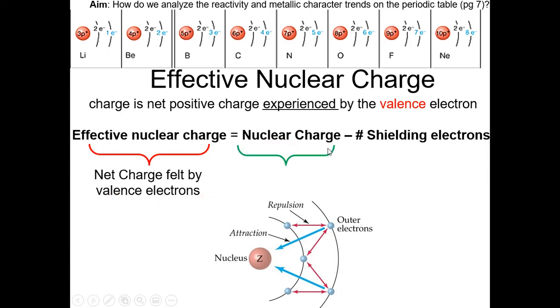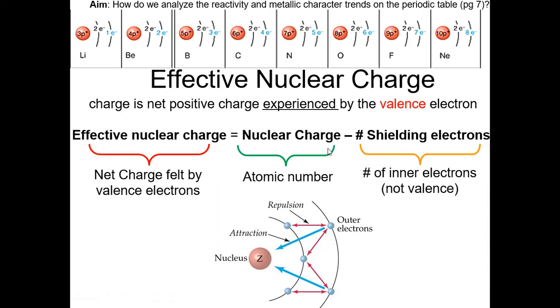Nuclear charge is the atomic number, and the shielding electrons is the number of inner electrons. So keep in mind, the outer electrons will feel the nucleus less than the inner electrons. To calculate it, you have to subtract the inner electrons in the atom from the atomic number.